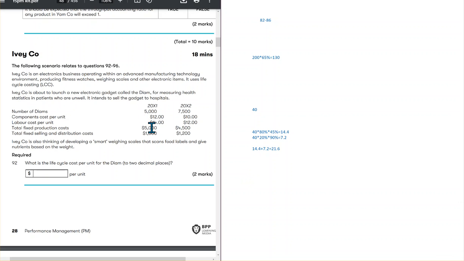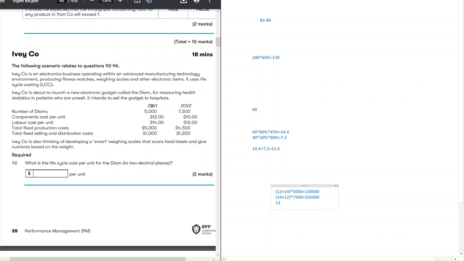So the total cost, we don't have to find total, they're already total, but per unit we have to multiply by units. They give us total. So we have 12 plus 14. Remember, don't do them separately, just take per year variable costs and multiply by units. So we have 130,000, and then 10 plus 12 multiplied by 7,500 becomes 165,000.